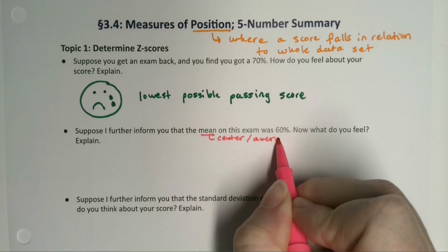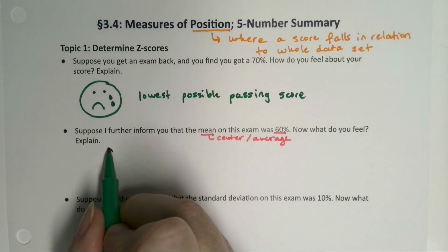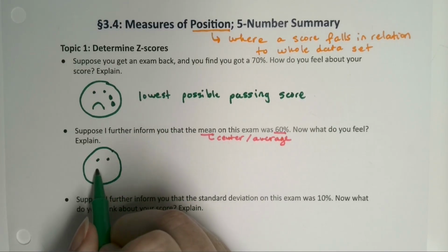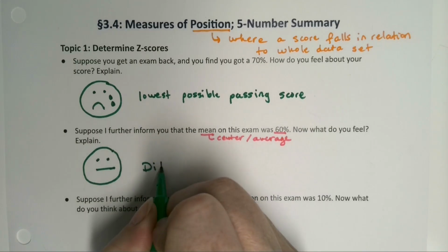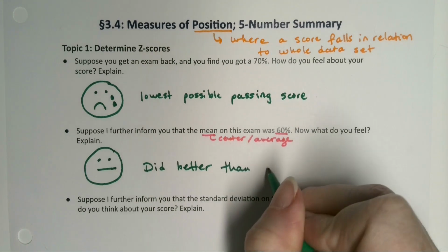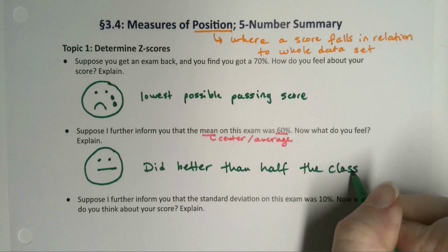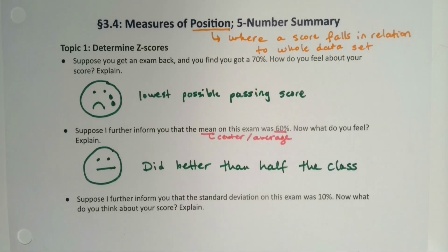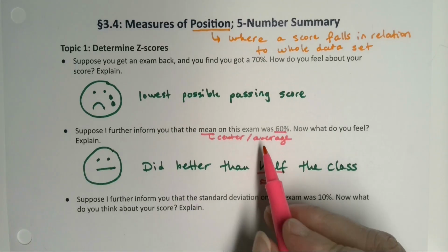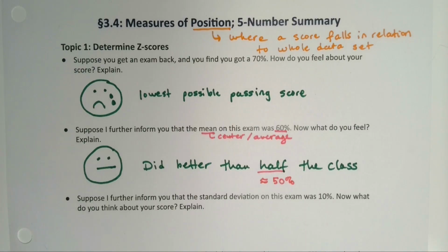And if you know that the center was 60, then you know that you scored better than about half the class, or even a little bit more. So that's feeling pretty good. It's not exactly half, but you figure the average is the center, so roughly 50% or half the class will be below you.